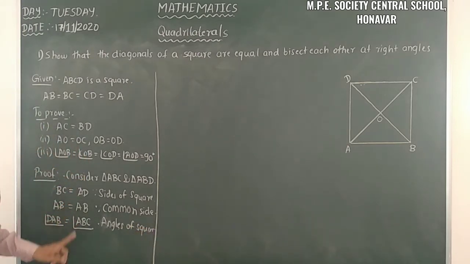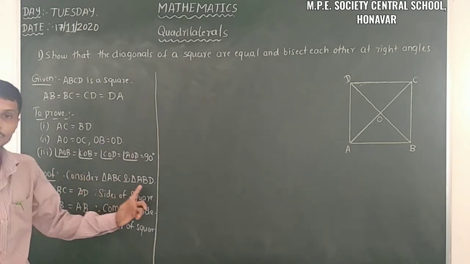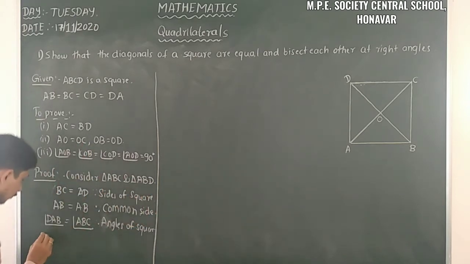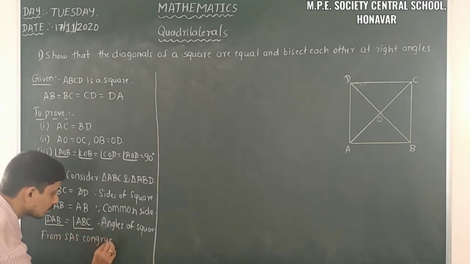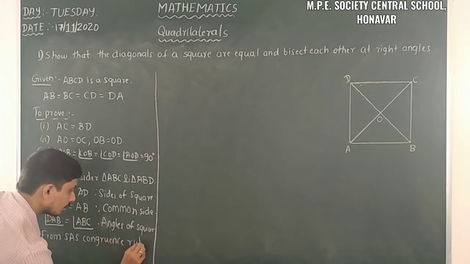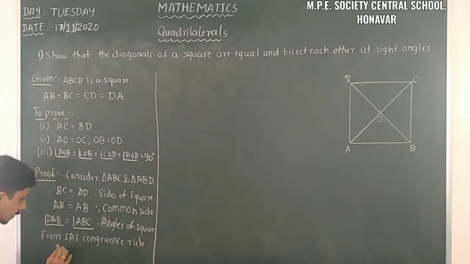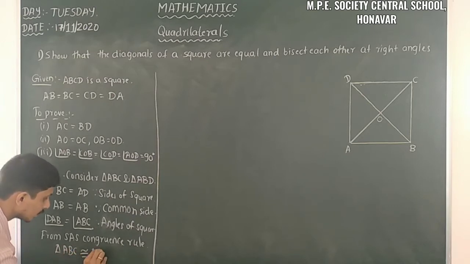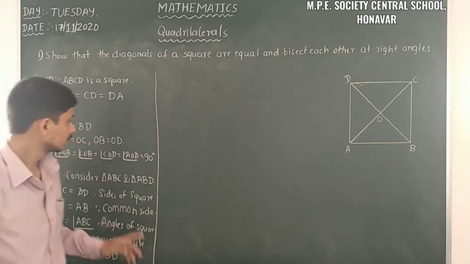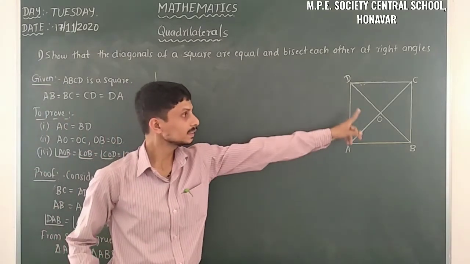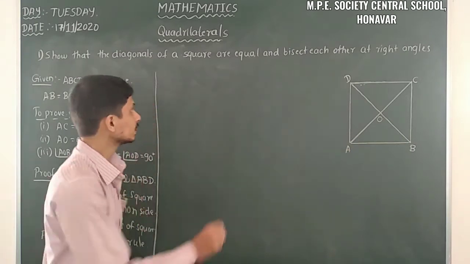So here we have the SAS congruence rule. From the SAS congruence rule we can take those two triangles are congruent: triangle ABC is congruent to triangle ABD. Then we can take AC is equal to BD as CPCT.